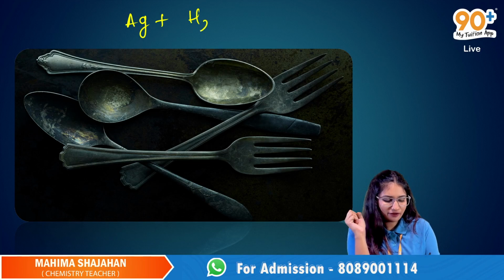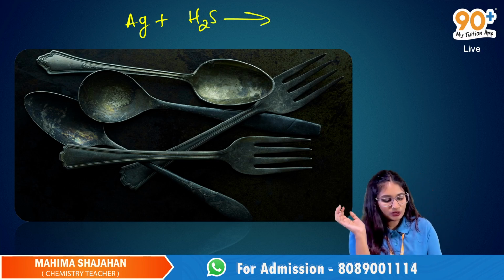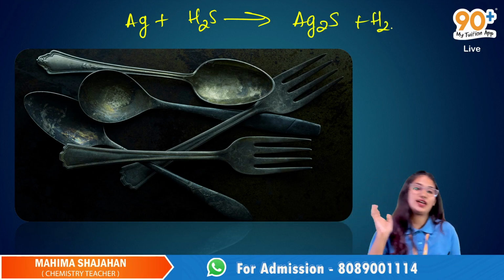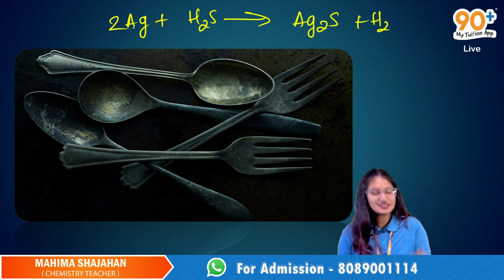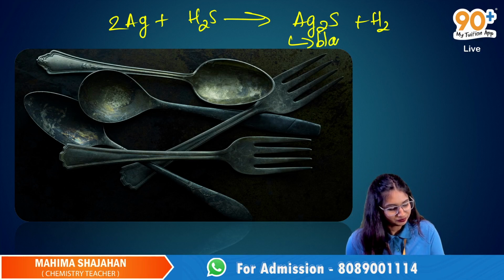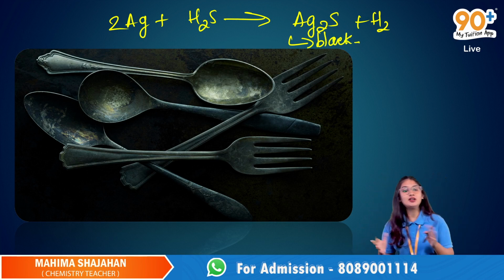So here silver is reacting with sulfur. Hydrogen sulfide ഒക്കെ ഉണ്ടാവും in the air, right? It will react with them and form Ag2S, which is silver sulfide, and along with that hydrogen gas is released. Now this silver sulfide is black in color. അങ്ങനെയാണ് silver corrode ചെയ്ത് പോകുന്നത്.